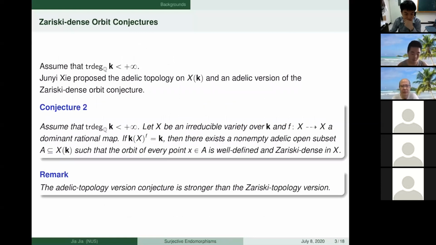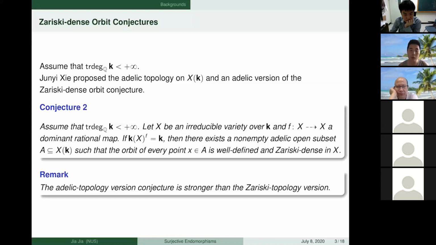Using this notion, Dr. Junyi Xie proposed the following conjecture. Assume the transcendence degree of K over Q is finite, and X is an irreducible variety, F is a dominant rational map.